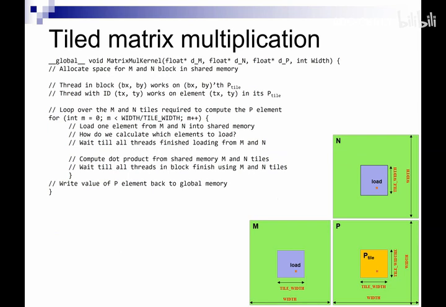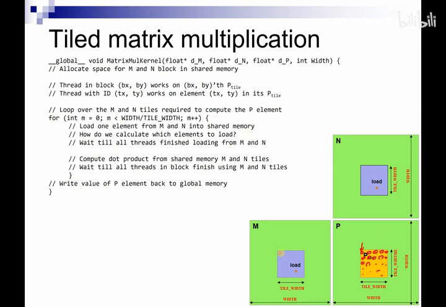So now the only thing we haven't talked about is how we have the threads cooperate in loading these purple tiles. Well, that's easy, because here we have a bunch of threads like this. In order for them to load this purple tile, we just have one element per thread.